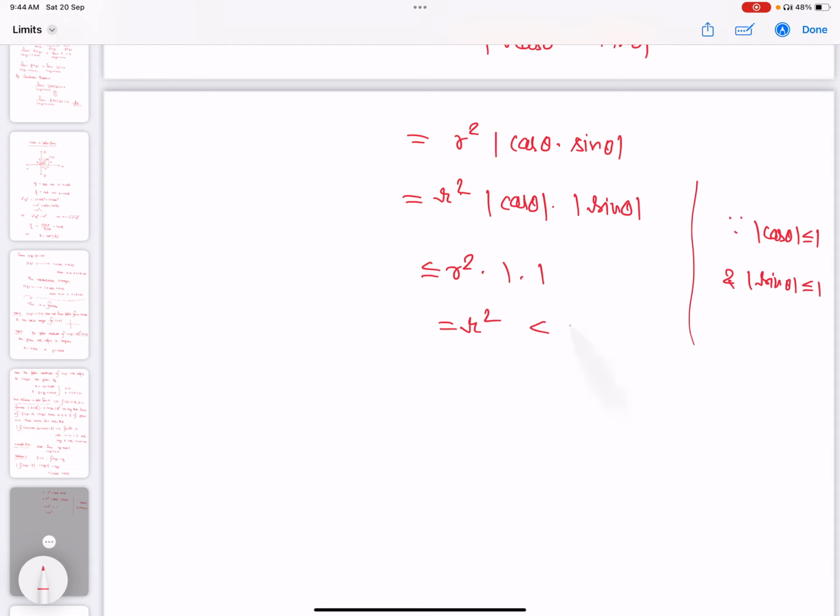We want to make it less than epsilon. So what delta do we choose? We should choose delta equal to the square root of epsilon, which is greater than 0.